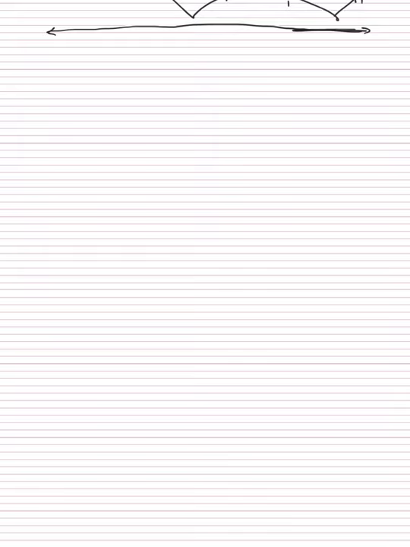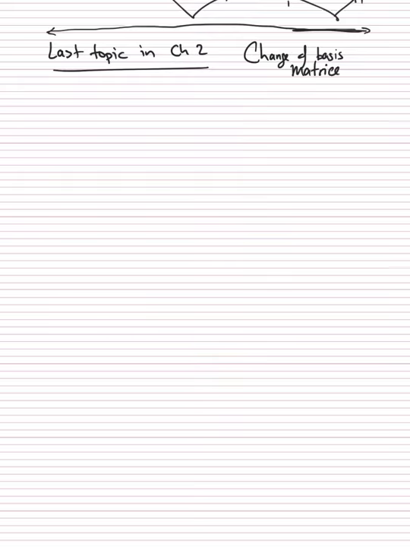Okay, so let me now switch topics to the last topic in chapter 2, which we have seen before, but I just want to make more explicit. These are change of basis matrices. Here is something I've mentioned a couple times throughout the lectures.